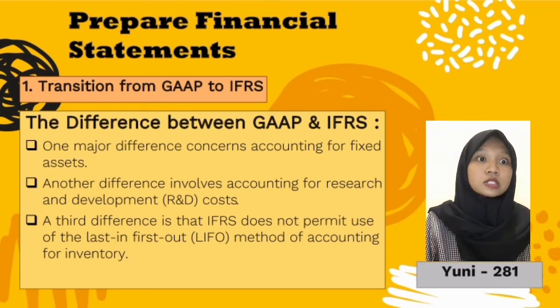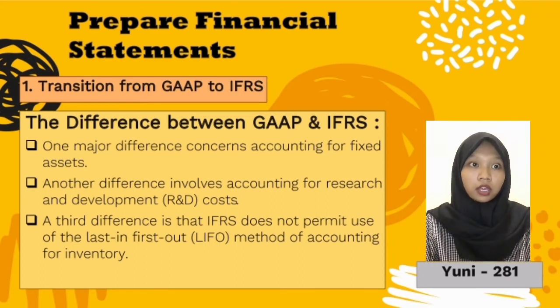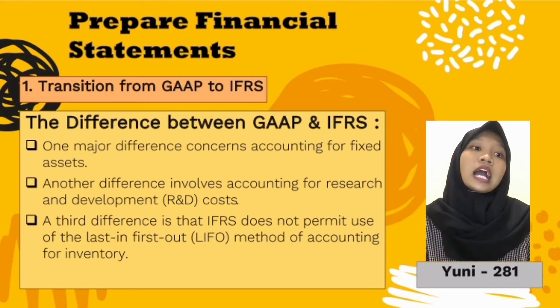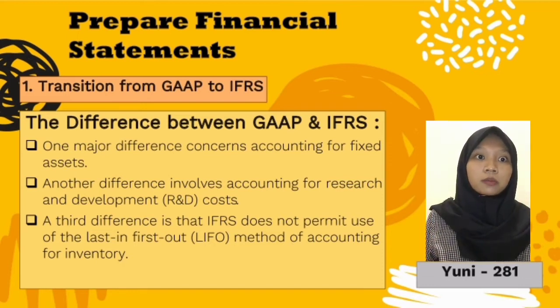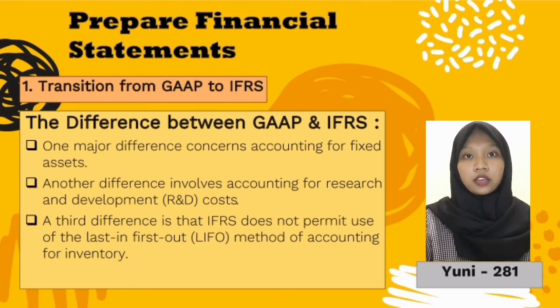First, one major difference concerns accounting for fixed assets. Under GAAP, most major fixed assets are recorded and depreciated on a composite basis. In contrast, IFRS generally requires componentization of fixed assets to recognize the fact that different elements may have different economic lives.